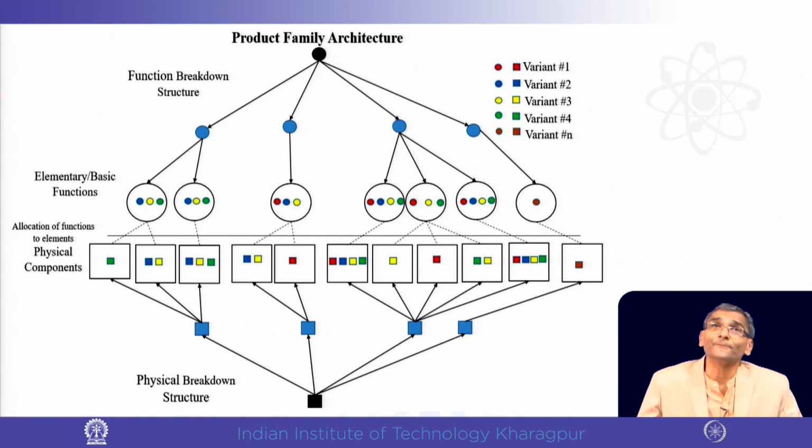Now, these are the allocations of functions to the physical elements, which function is to be catered by which element. So, that is the interconnectivity which is shown through dotted lines, which are indicative lines. It is an indicative diagram, so that from here you understand what this is. Now, what are these colors?